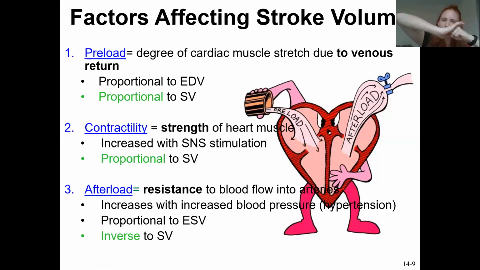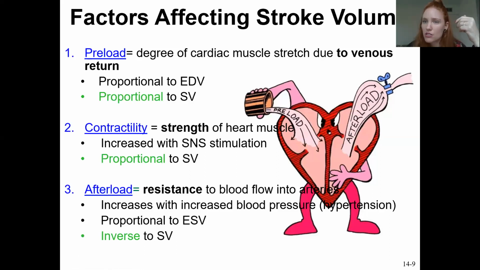It's being pushed back. Because you're increasing the pushback, the blood has a harder time leaving the ventricles. And if it can't leave, less will leave.